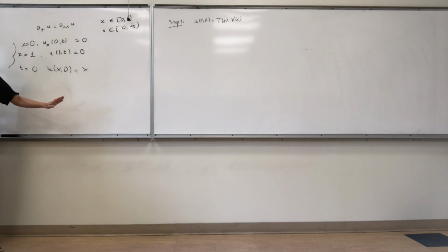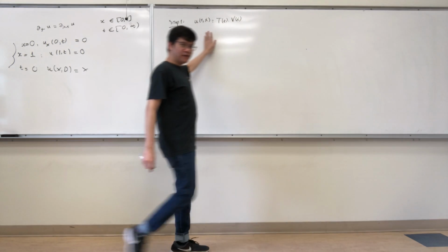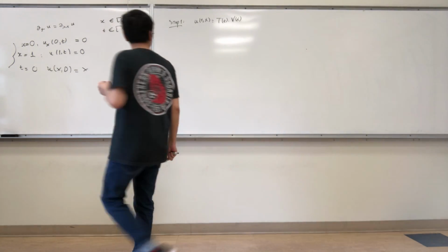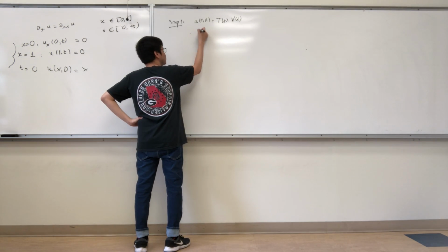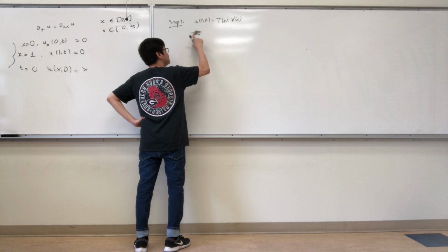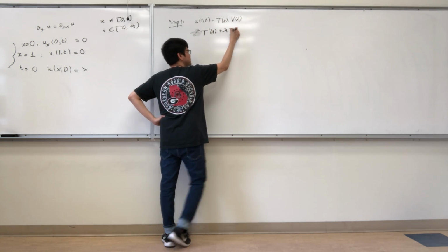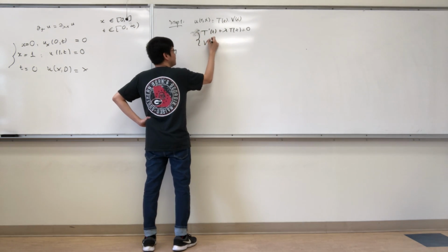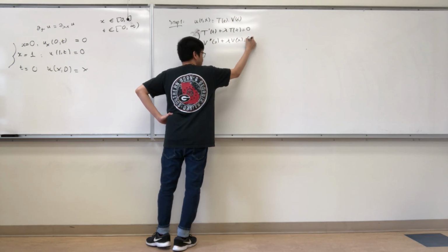In order to solve this equation, you use the separable method. First, you define u to be T times V. T is a function of t, and V is a function of x. Then you find two equations: T prime of t plus lambda T(t) is 0, and V second of x plus lambda V(x) is 0.